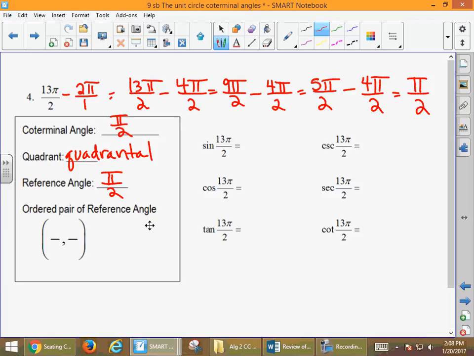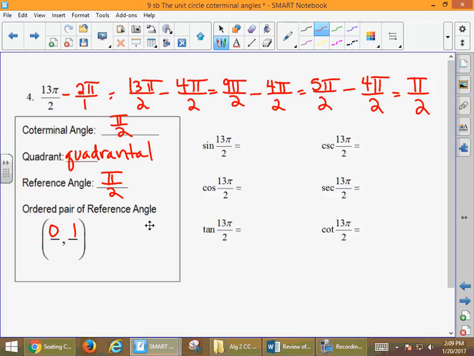So, Ms. Krause and I will still have to talk about exactly what we want to do with that. But I think that we're going to accept either: there's no reference angle, or there's the pi over 2. The only reason here is what's the ordered pair at pi over 2? We went over 0 and up 1.